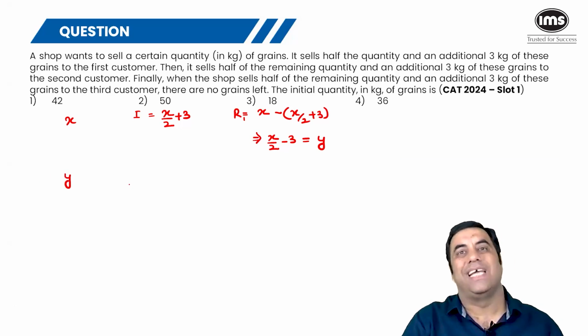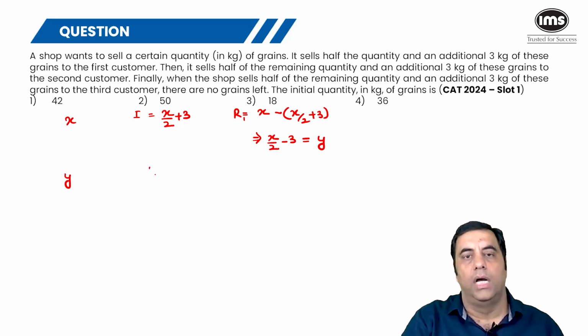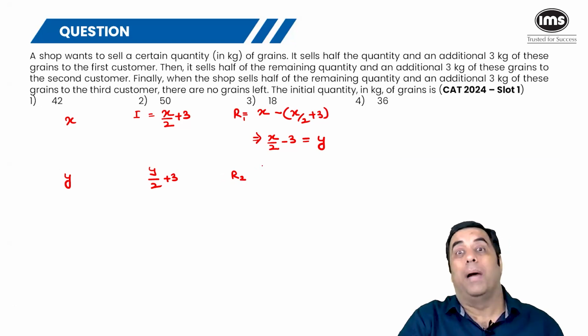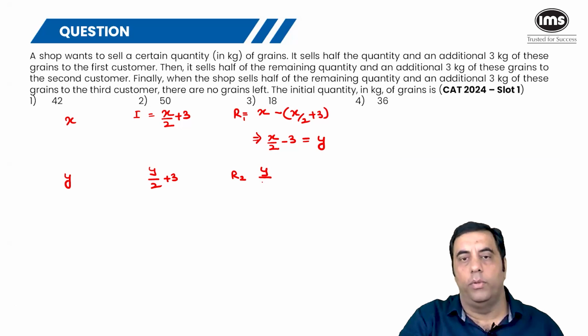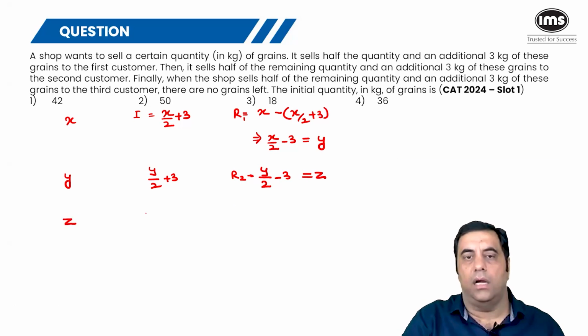Now, this is the leftover quantity. Again, to the second customer, what is given is half of that plus 3. So the remaining after the second customer is half of that minus 3, so the leftover is y by 2 minus 3, which I'm calling z. Then half of that plus 3 is given to the third customer, so the remaining is half of that minus 3.